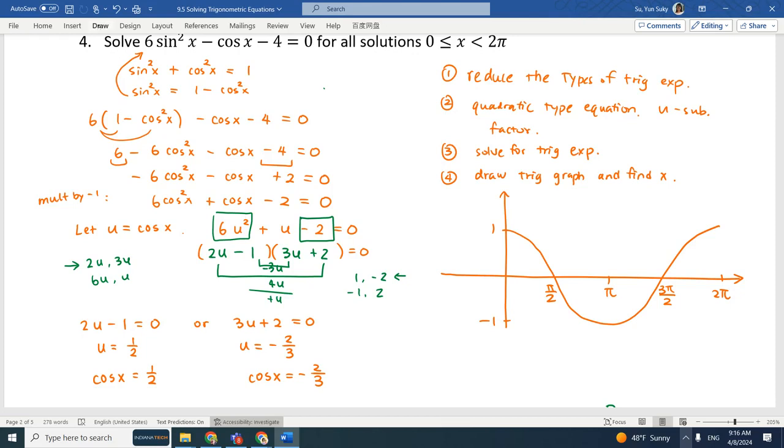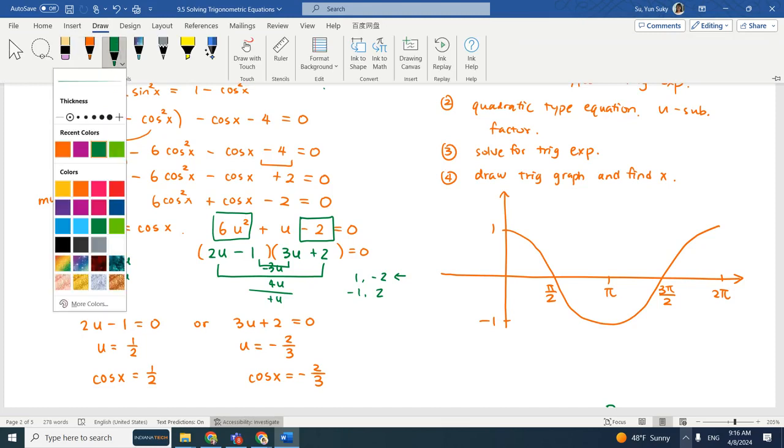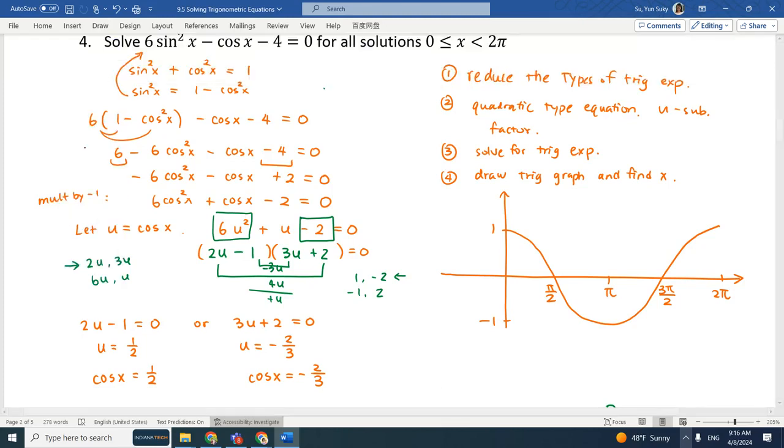Okay, so the first one, 1/2. 1/2 is right here, between 0 and 1. Okay, everybody? So we draw the horizontal line. And now, what is this angle?